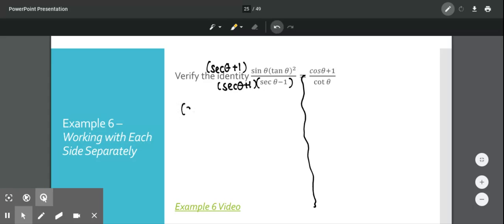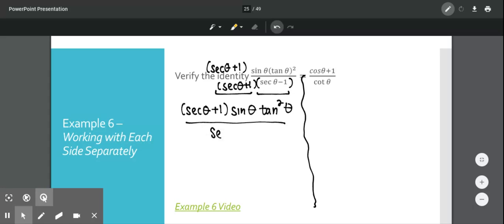And so then we would have secant theta plus 1 times sine theta times tangent squared theta over, when you do your secant theta plus 1 and secant theta minus 1, that gives you secant squared theta minus 1.